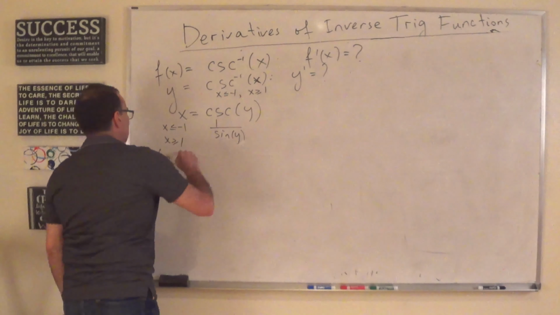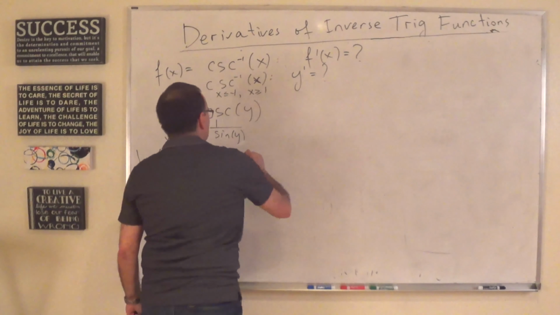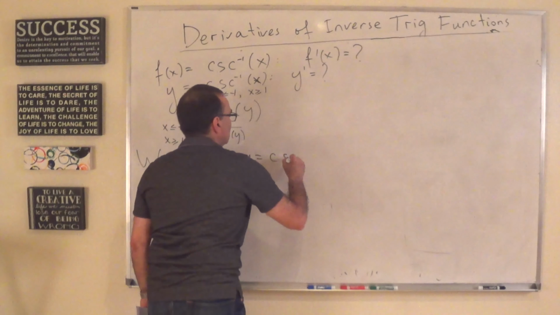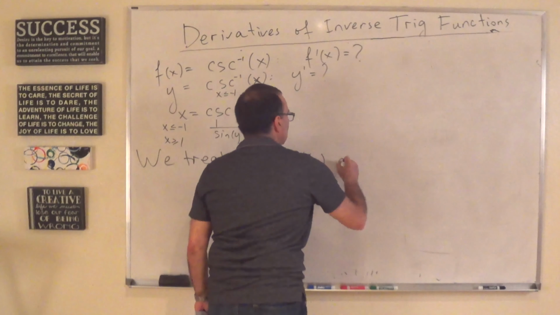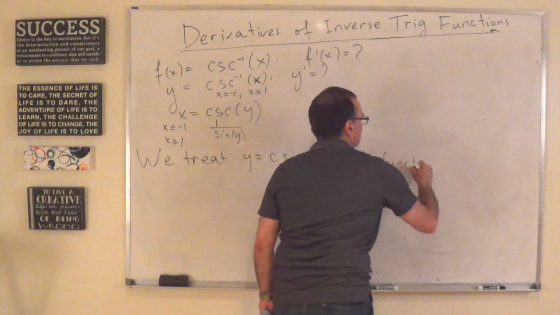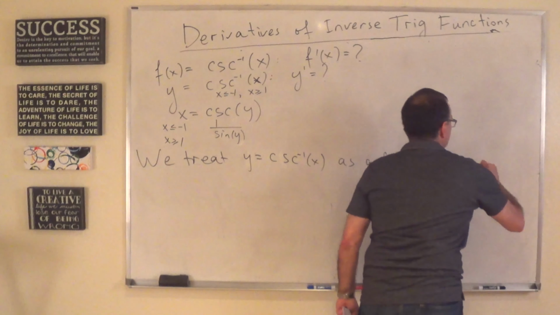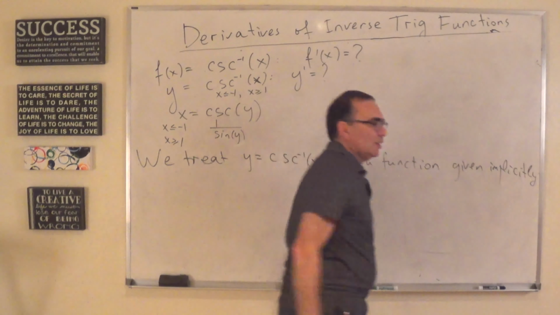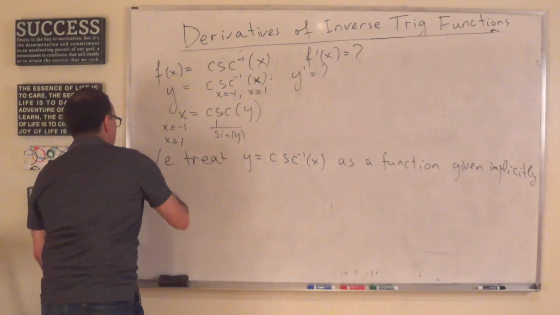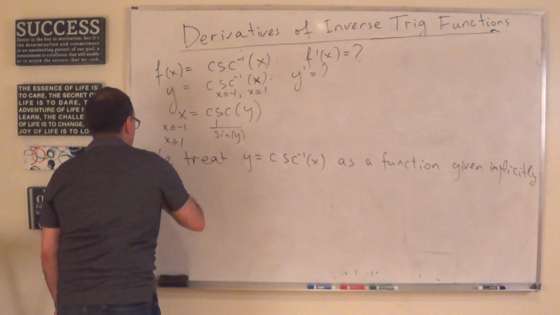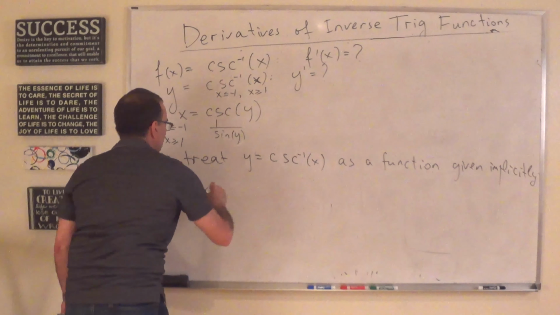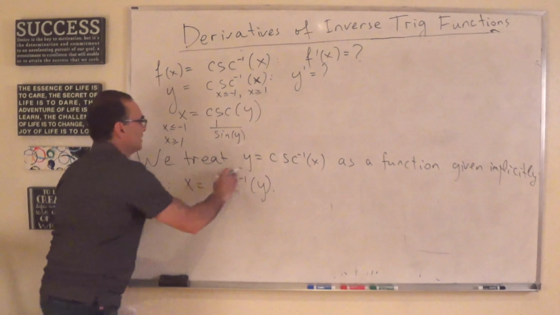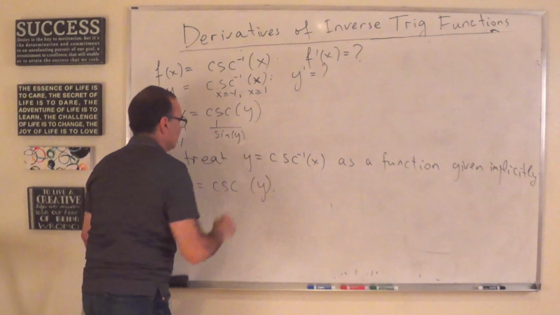So we treat f of x or y equals inverse cosecant of x as a function given implicitly by this equation. x equals cosecant of y.